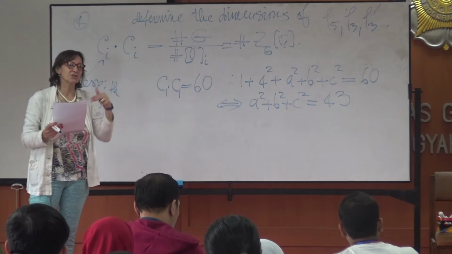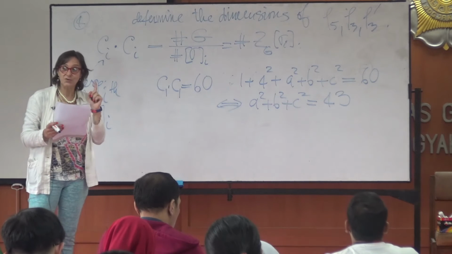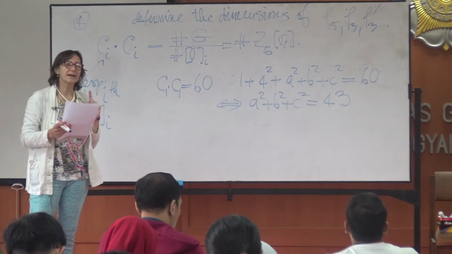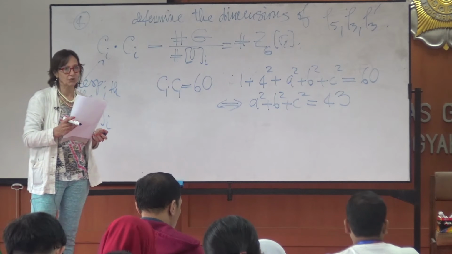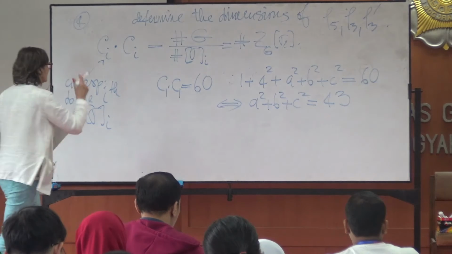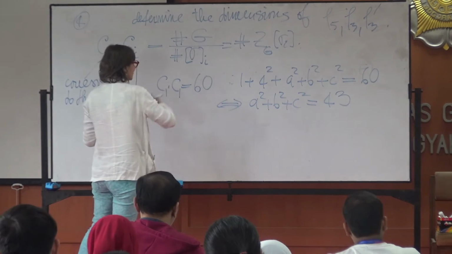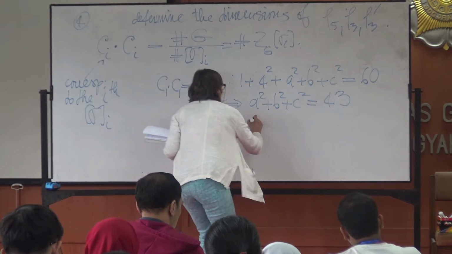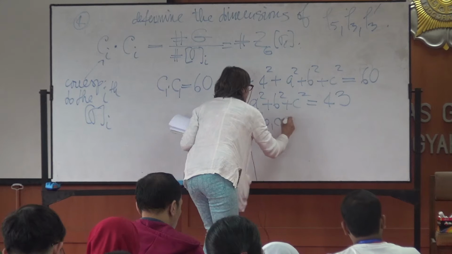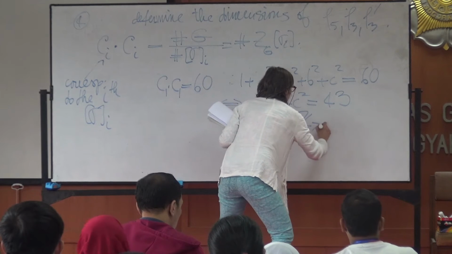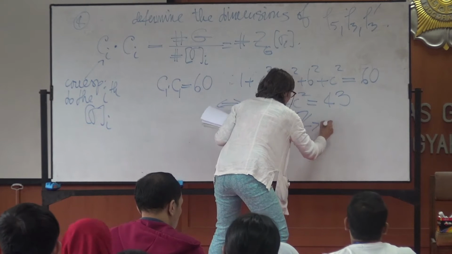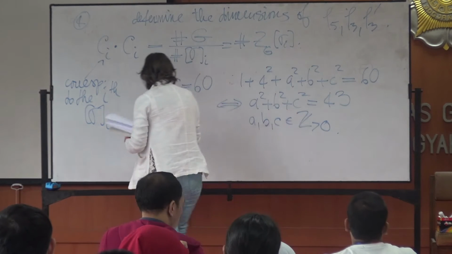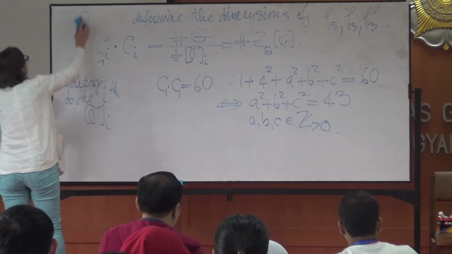A, B, C are integer and non-negative, but actually, in the case of A5, they are greater or equal than 2. Let's show that they are greater or equal than 2. So we have that A, B, C are positive integers.